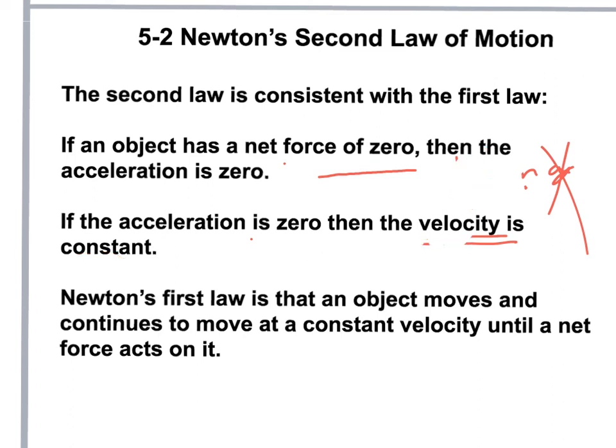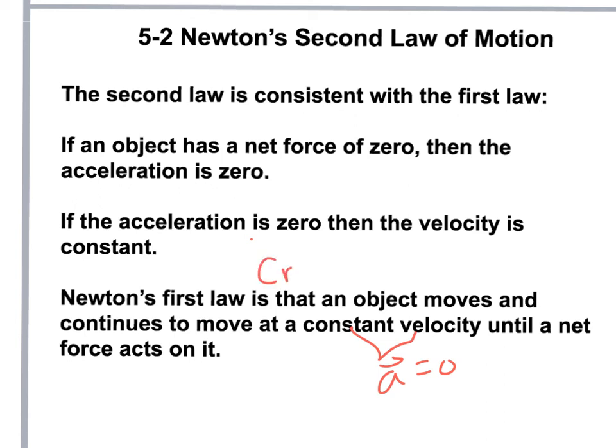So Newton's first law is that an object moves and continues to move at constant velocity until a net force acts on it. When it's at constant velocity, that means our vector a is 0. So we're not accelerating. Think of that as cruise control again.